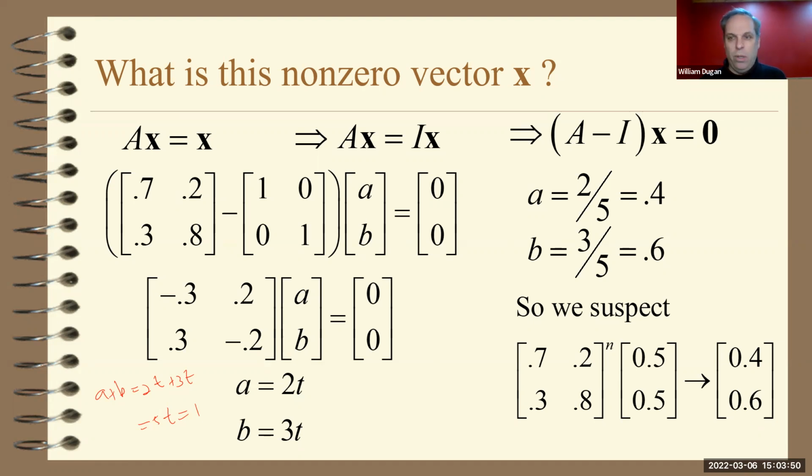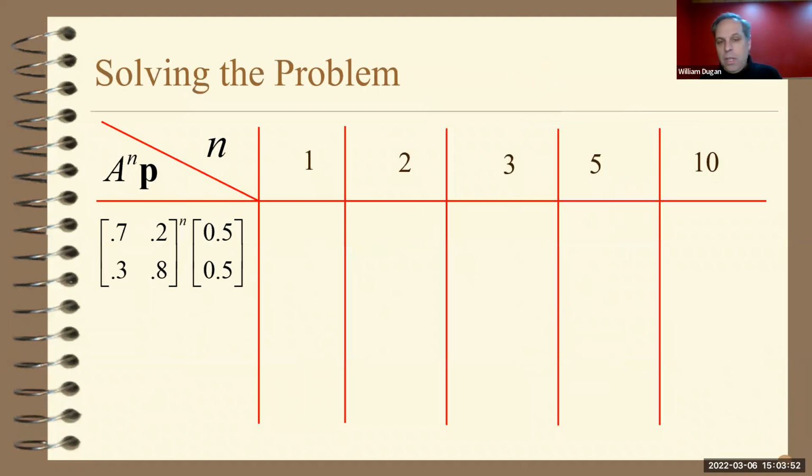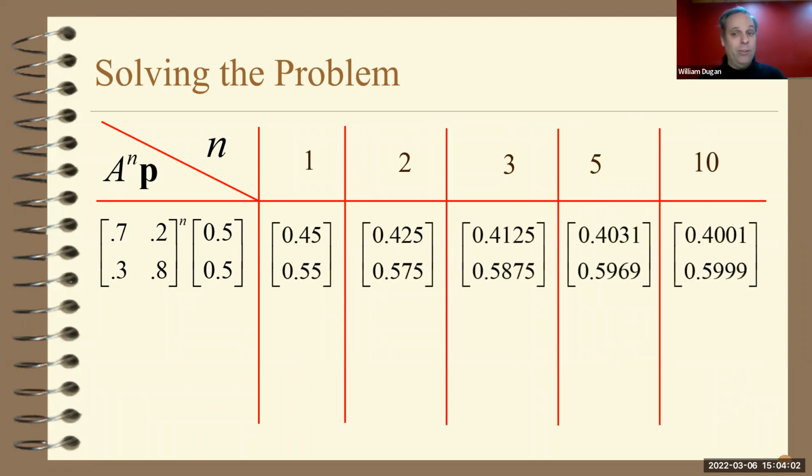Let's just test and see what it looks like. So here, I'm just going to take the matrix product you see, and I'll evaluate it when n is 1, when n is 2, when n is 3, when n is 5, when n is 10. And notice you can see that the vectors certainly appear to be approaching the vector 0.4 and 0.6. But what's really interesting is if you go back and look at the way I argued, the vector p didn't matter.